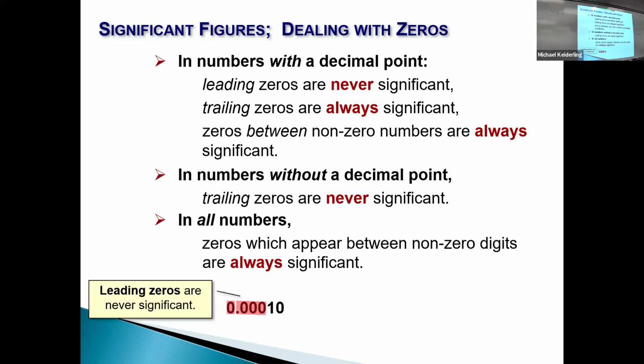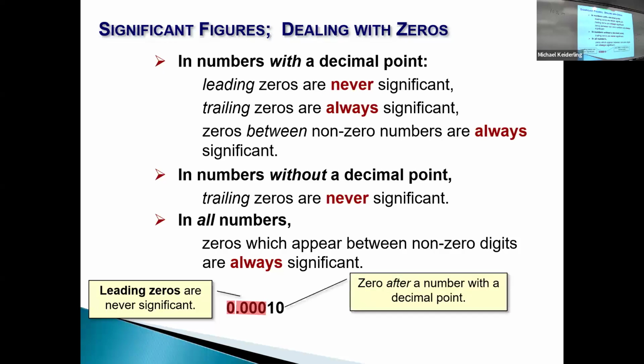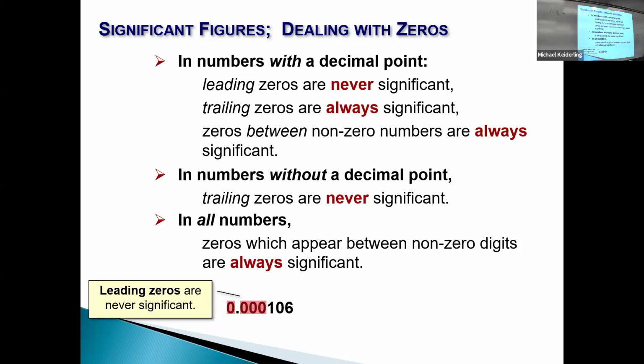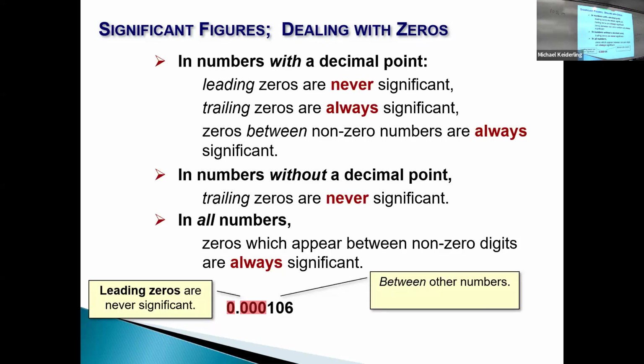That's always the case. The zero after a number with a decimal point is significant. So this also has two significant figures. And here we have 0.000106. Leading zeros are never significant. The zero between other numbers is significant. So that's three significant figures.